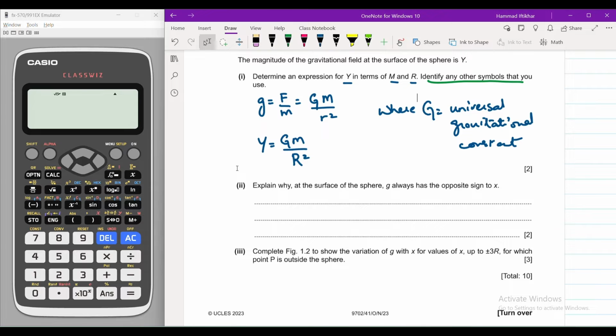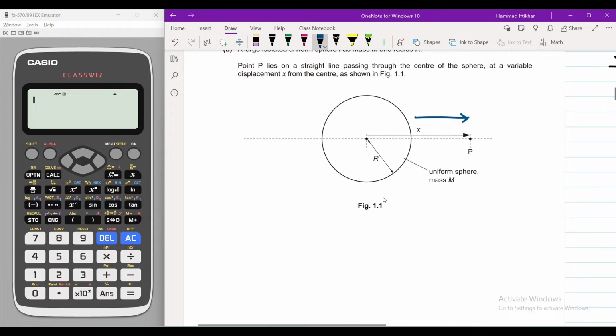Explain why, at the surface of the sphere, g always has the opposite sign to x. The sign of g, which is the direction of the field lines, is towards the center of the massive body, towards the center of the planet. x is going outwards, but the direction of the field lines is towards the center of the planet.